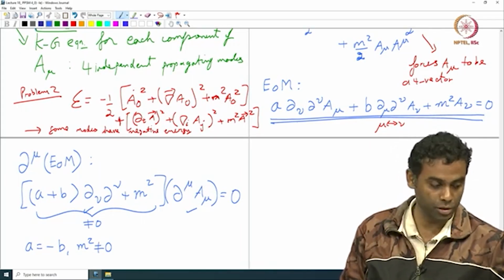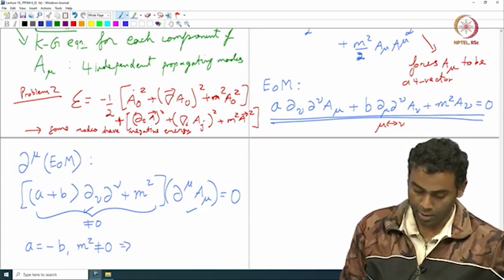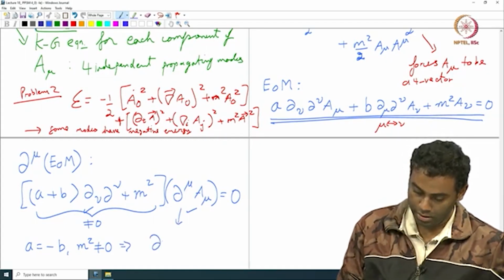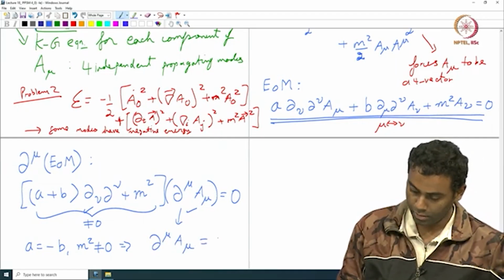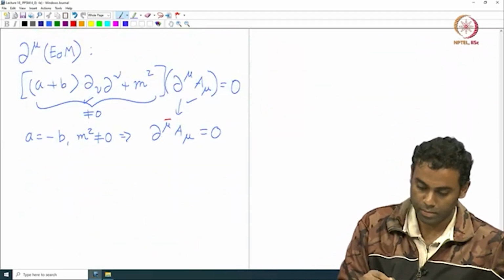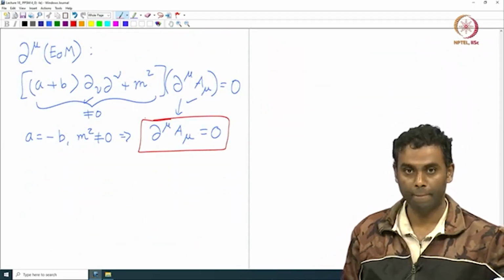As long as m squared is not equal to 0, I am only left with one option, right, which is this derivative is what goes to 0.